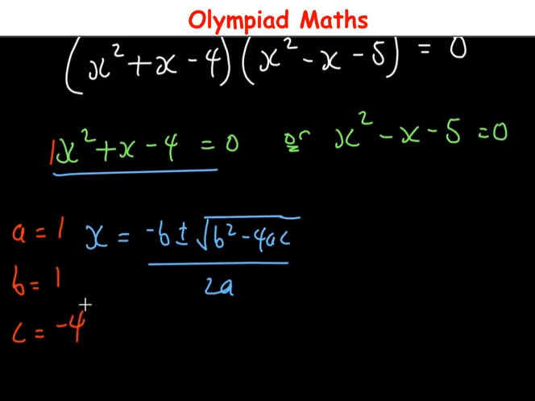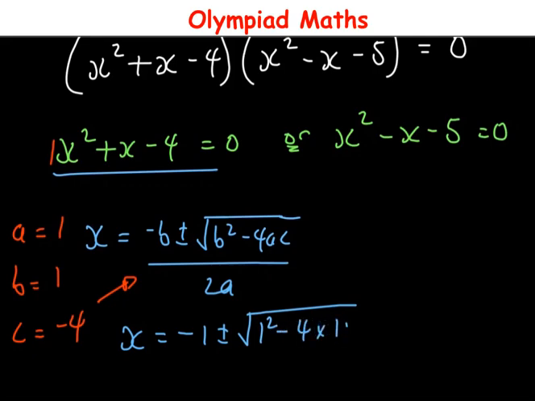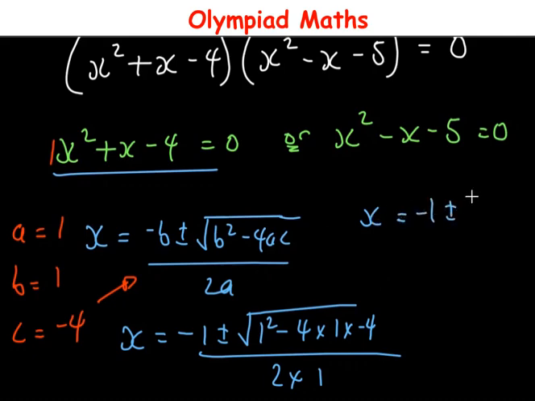So putting the values of a, b, c into this formula, x equals minus b, which is minus 1, plus or minus square root of b squared, 1 squared, minus 4 times a, which is 1, times c, which is minus 4, all over 2 times a, which is 1. With this, x is equal to minus 1 plus or minus square root of 1 squared, which is 1, then minus 4 times 1 times minus 4, that will be plus 16.